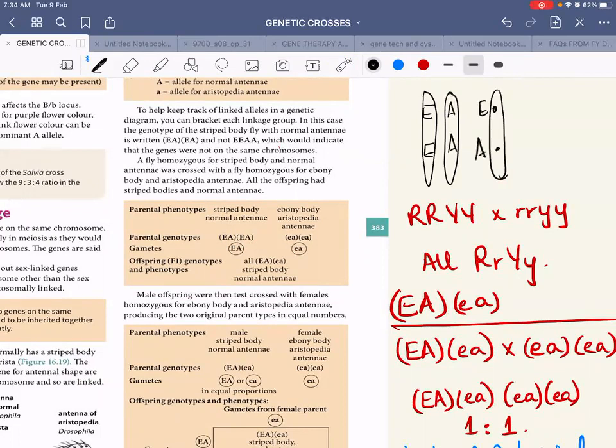So of course, when these will separate during independent assortment, capital E and capital A will never separate because they are carried on the same chromosome.